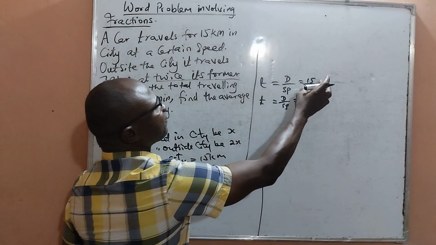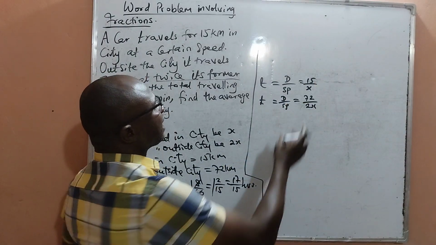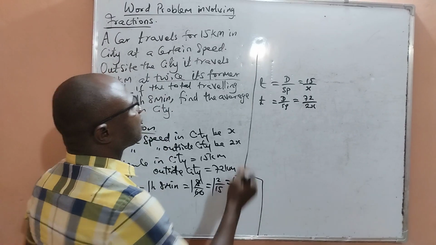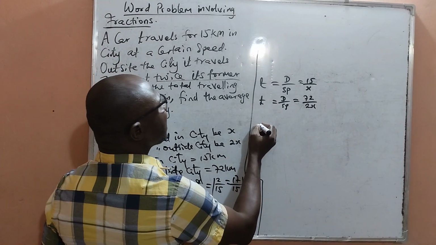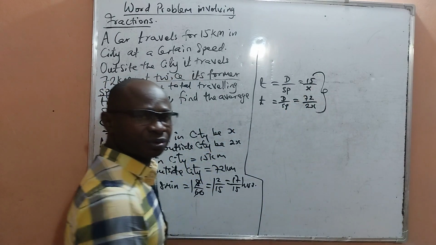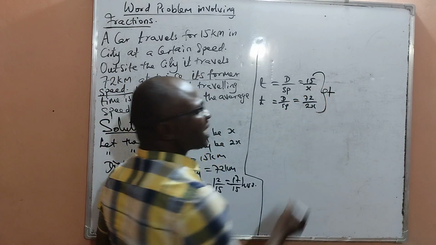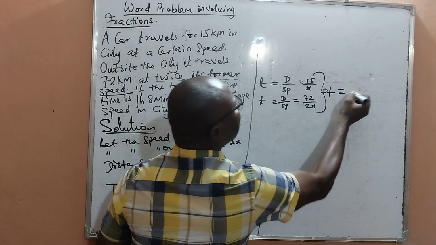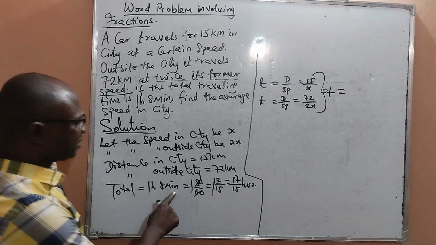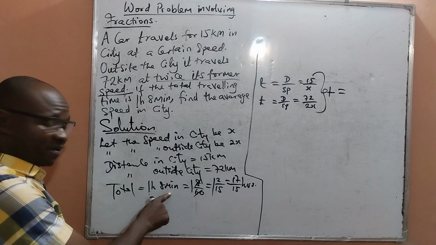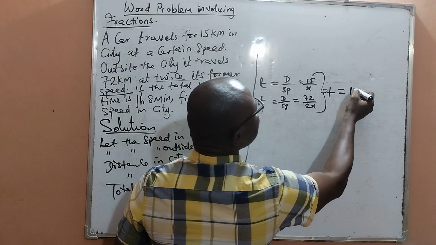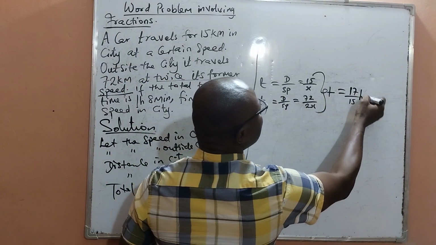Now we have the time for traveling in the city and the time for traveling outside the city. Therefore, the total time for traveling is the addition of these two. If they are added together, it will give us the total time for traveling, which has been calculated in hours as 17 all over 15 hours.